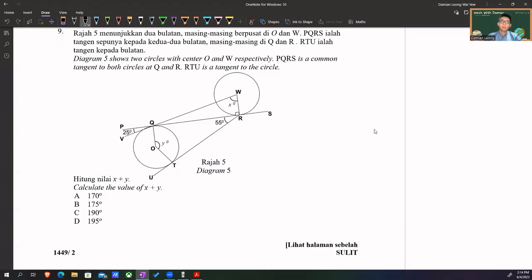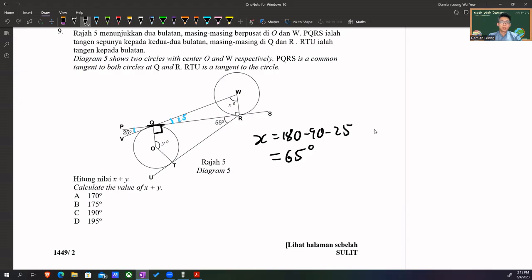Let's see. This is 25. So this should also be 25 because of vertically opposite angles. Then I can use this triangle to find the x. So x will be 180 minus 90 minus 25, which is 65. Then for the y, this is a tangent line.